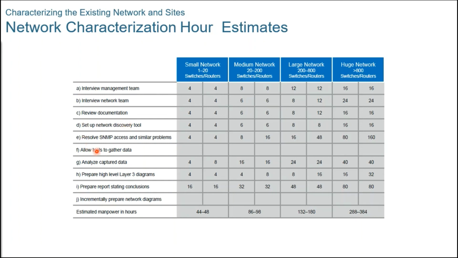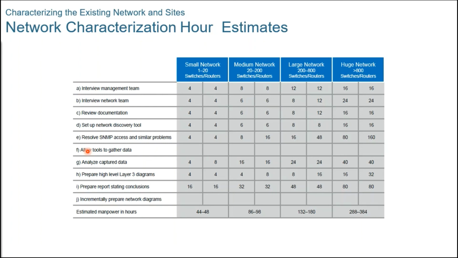Next would be resolving SNMP access and similar problems if devices have not been carefully managed in the past. Allowing the discovery tool to gather data. The time for this step will vary depending on the network sizes and should include seasonal or cyclical factors, but generally 1 week of data is sufficient.